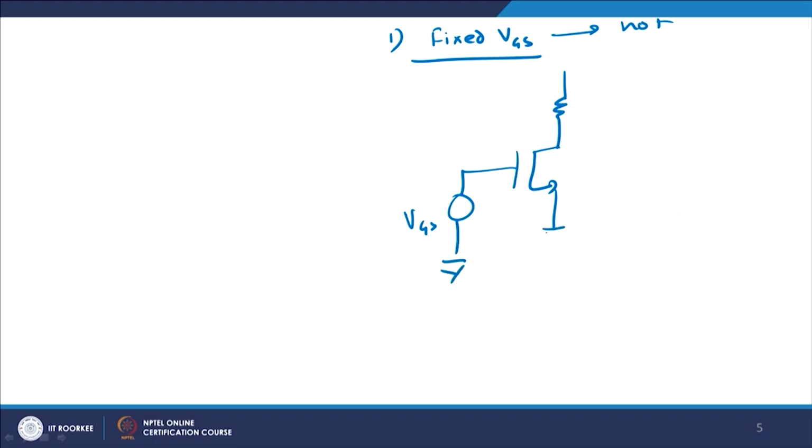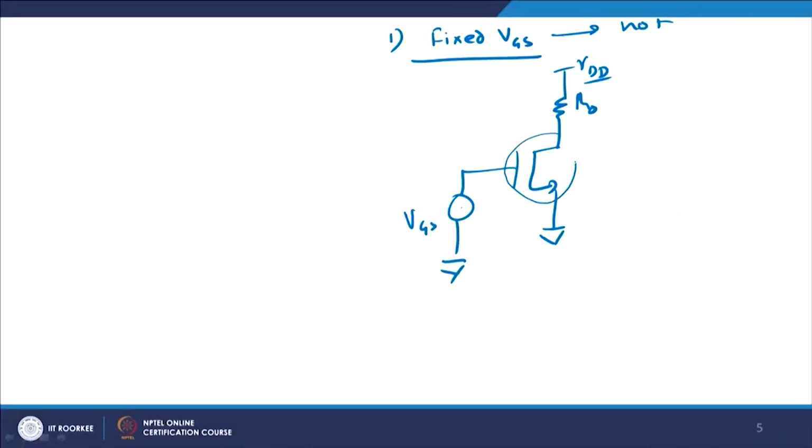So this is basically a grounded source application with RD here and VDD here, which you have been learning till now, but the way it is done is that you fix the value of VGS to be in the saturation region. But the problem is that if you replace this device by another device, or replace this RD or VDD, then chances are that the Q point will shift.